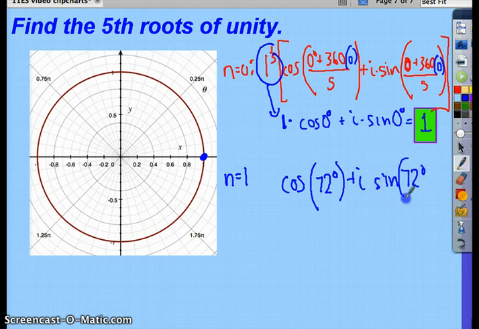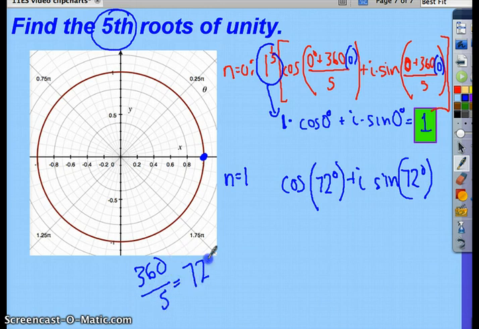I very much hope you know where I'm getting 72. Fifth roots, 360 divided by 5 gives us 72 degrees. So if the roots are evenly spaced about this circle with radius 1, they are 72 degrees apart.